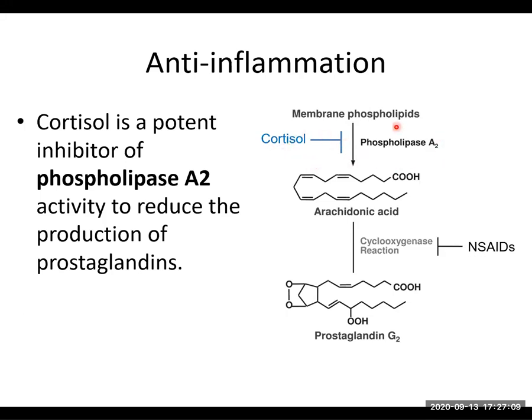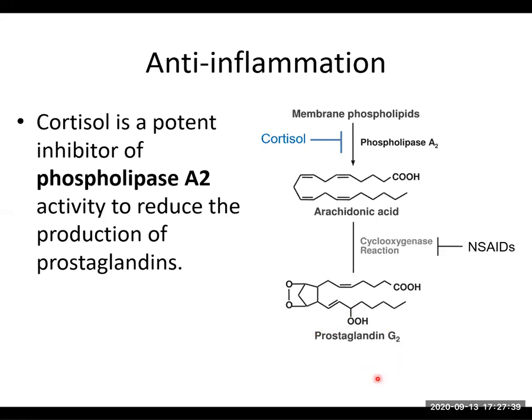Cortisol can inhibit the phospholipase A2. And by inhibiting this enzyme, this pathway will be shut down, and we will see less of the prostaglandin. And so that's how cortisol can have the function to suppress the immune reaction in our body.